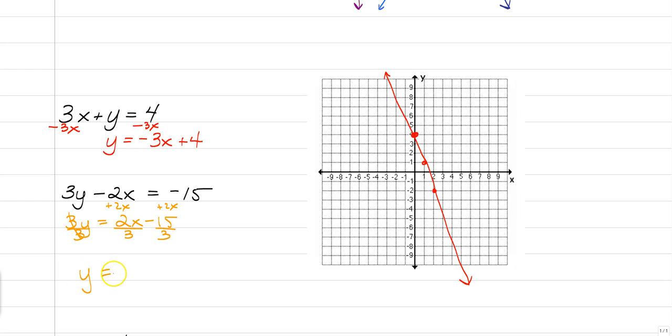That will give you y is equal to 2/3 x minus 5. Now you are in slope-intercept form, so you can go and plot your negative 5, and then go up 2 over 3 and graph your line. All right, so that's graphing lines, whether you're in slope-intercept form or not.